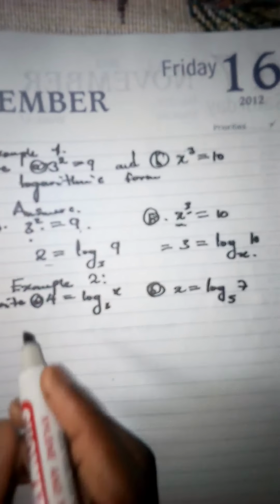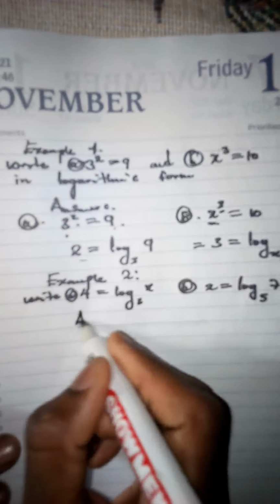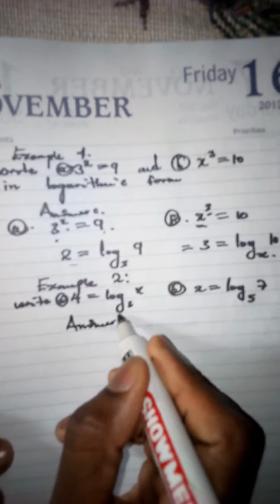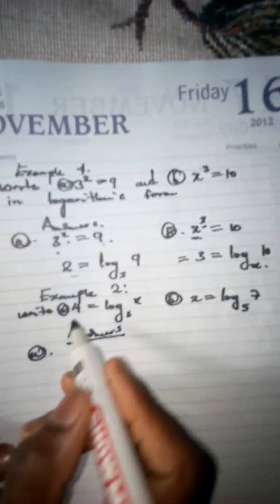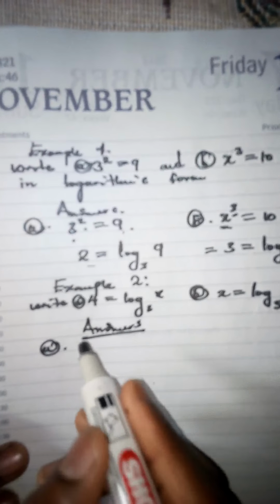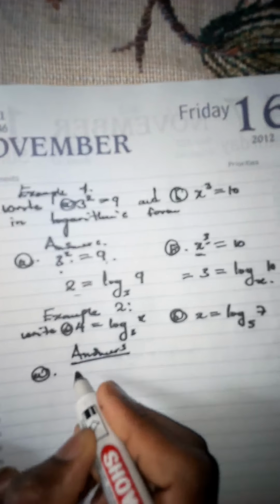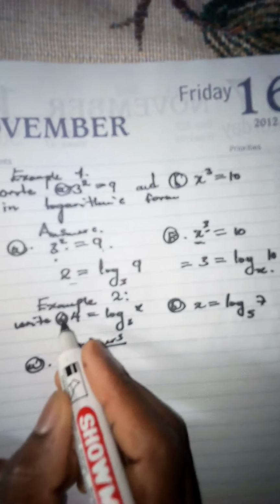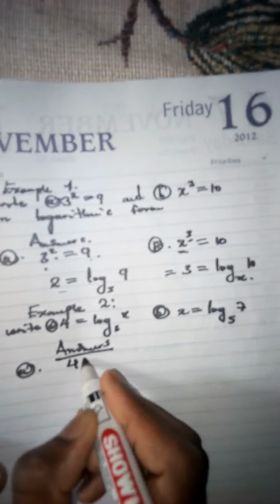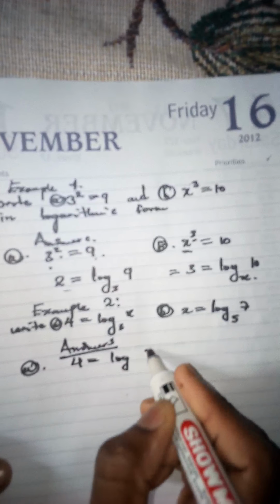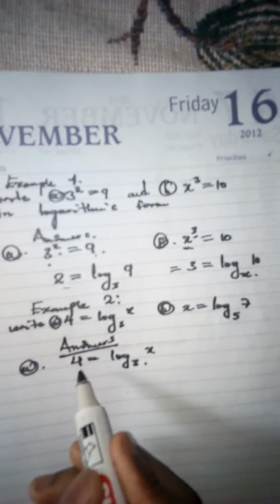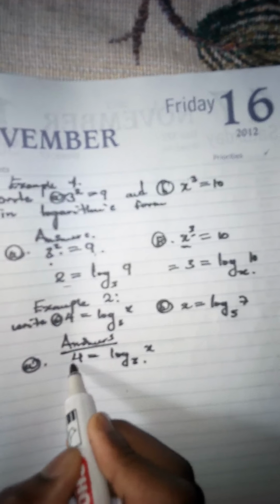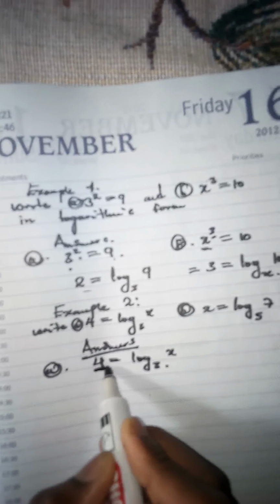Okay, so assuming that you have paused the video, we go to our answers. The first one: 4 is equal to the logarithm of x to the base 3. From our previous week, I know that the index becomes the logarithm.